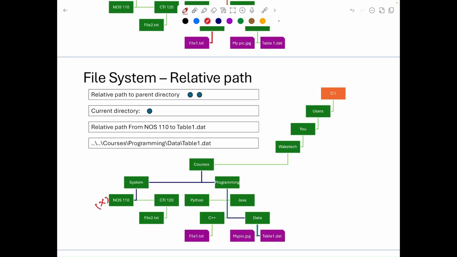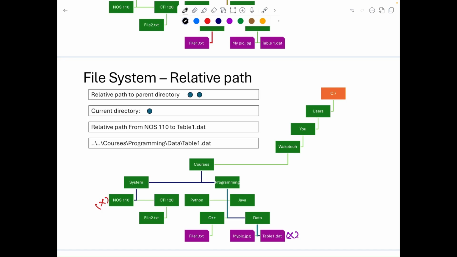From here, how can I build a path to reach table1.dat? That's my destination, for example. How can I reach that? It's relative to NAS 110. You can see that. There are a couple of key things I'll go through here.